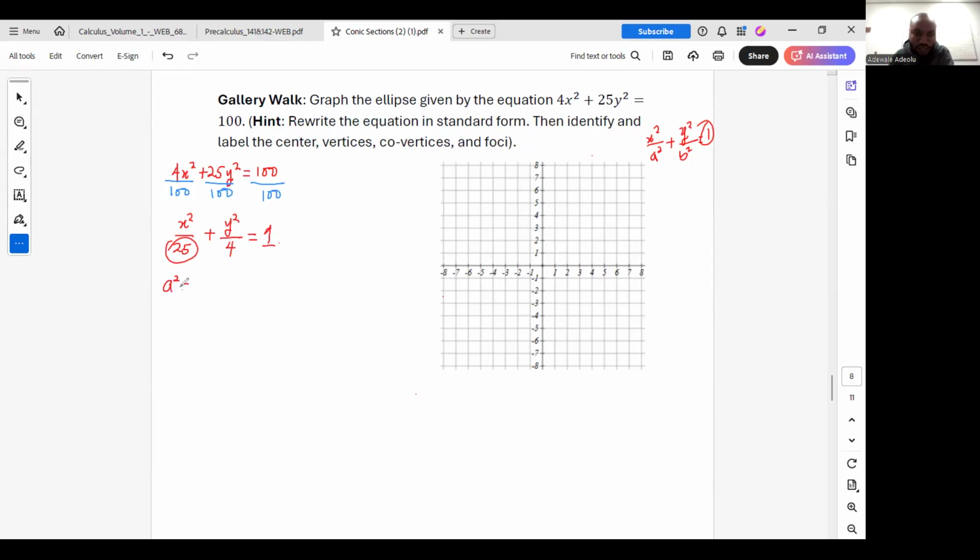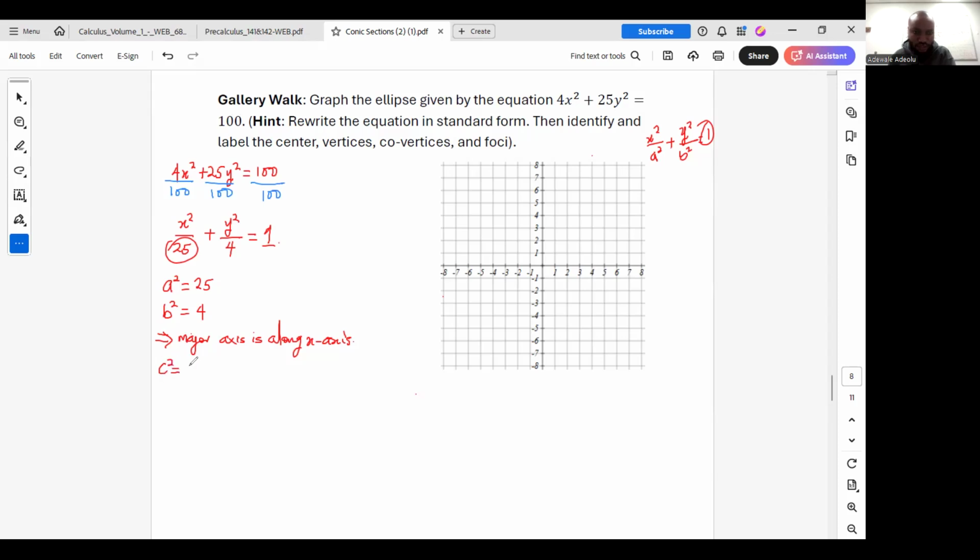It means a squared is 25. Then b squared is 4. And that means that the major axis is along x. With that being said, we can find c.